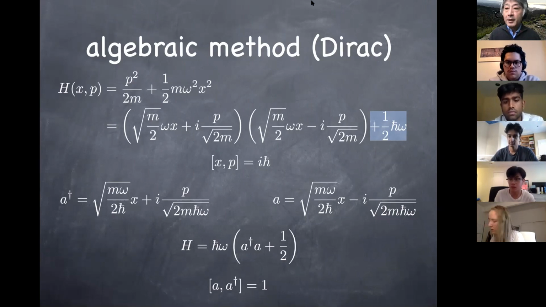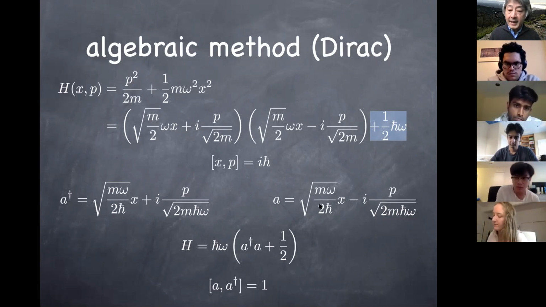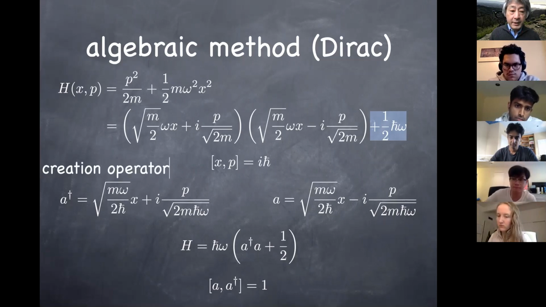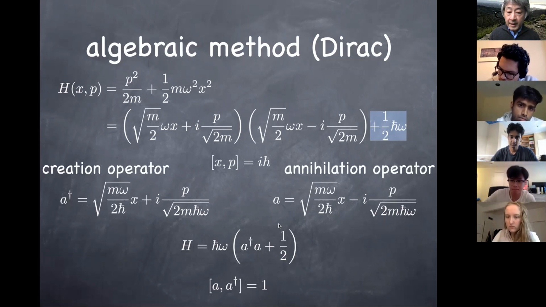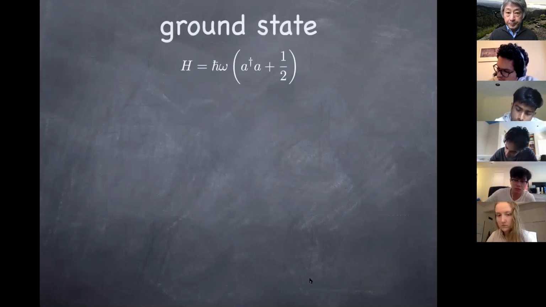Everything okay? All right, so let me then move forward. So we introduced this A, which is called the annihilation operator, and A dagger, which is called the creation operator. And once you have these annihilation and creation operators, which satisfy this canonical commutation relation, and the Hamiltonian, which is now written using them, you know how you can solve the eigenvalue problem of the Hamiltonian.